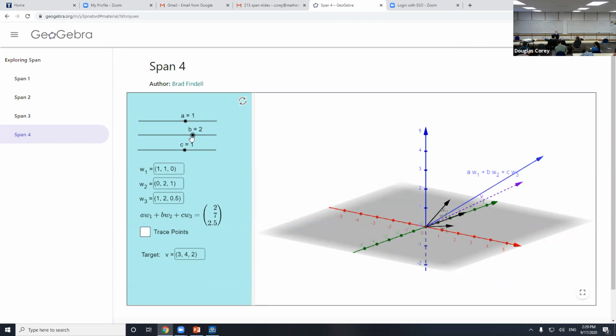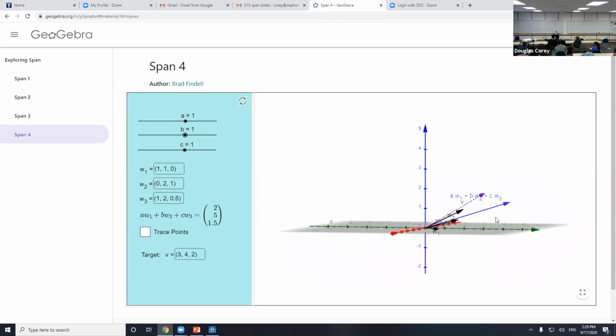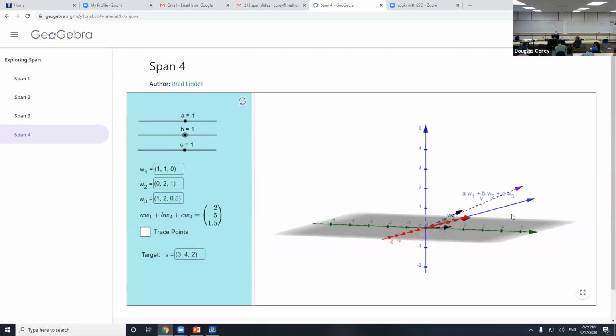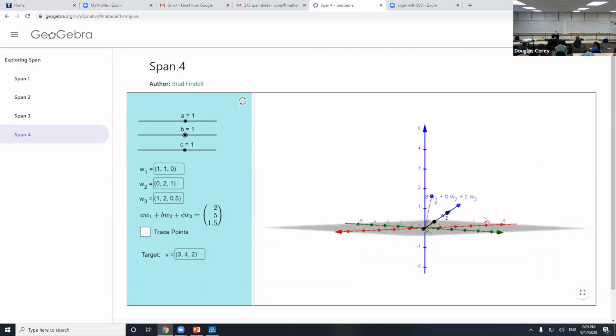I could start moving these around. I can get close there, but I actually didn't get it. It turns out those three black vectors are not linearly independent. The span of those three vectors is just a plane. They're all lying in the plane.